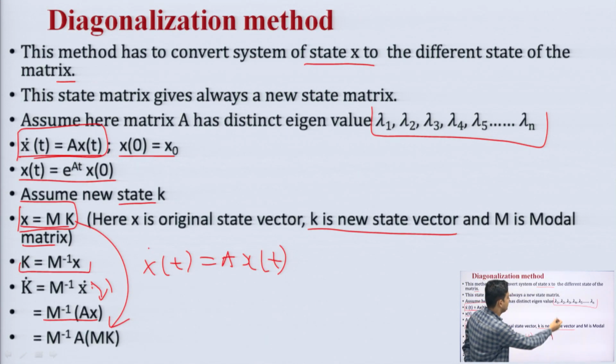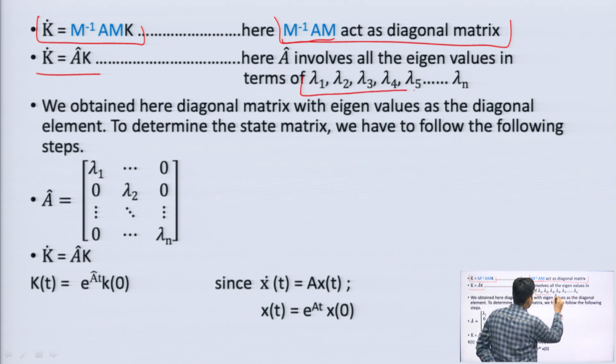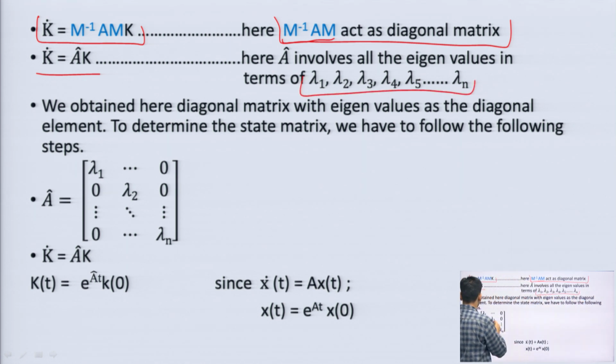We assumed lambda 1, lambda 2, they are the eigenvalues of the A matrix. This will be the elements of the m inverse A m matrix. We are assuming it as A cap, where A cap is a matrix which involves all the eigenvalues as diagonal elements. So, this is the A cap matrix. Okay. So, k dot can be written like this, with the A cap matrix.